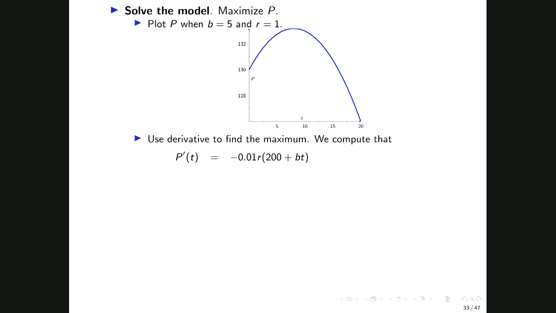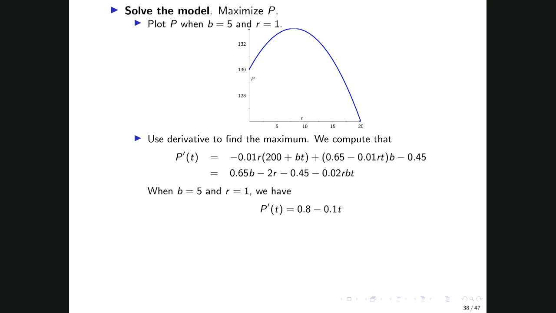If we go back to the function, we use the product rule to calculate the derivative. Okay, then we simplify, and we get the derivative of this profit function. Particularly when b equals 5 and r is 1, the derivative function is simplified.